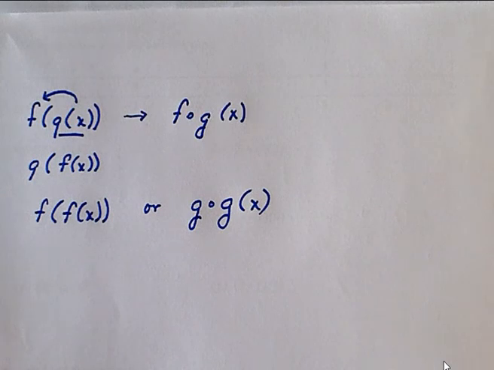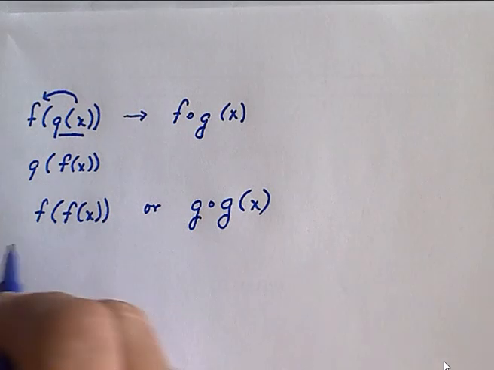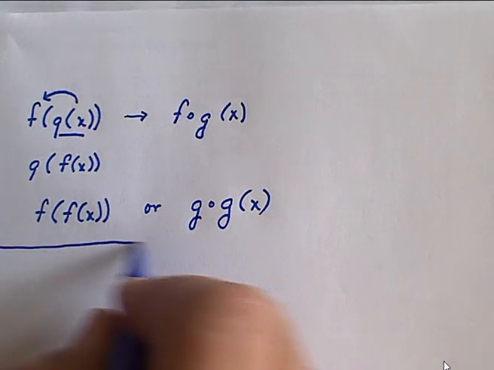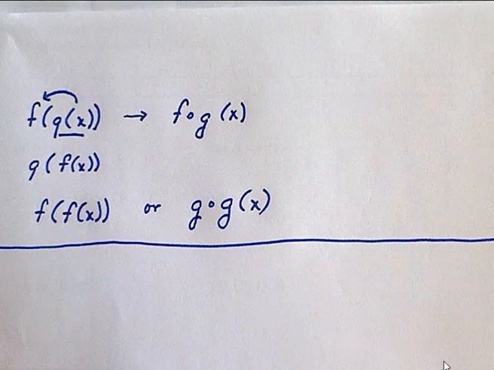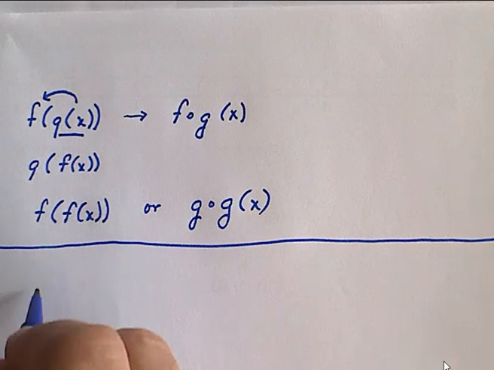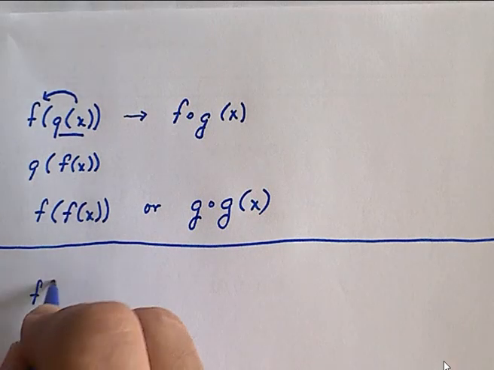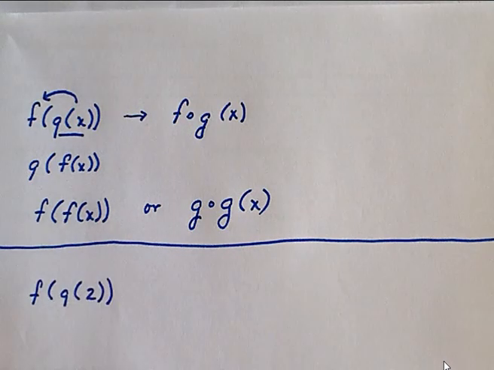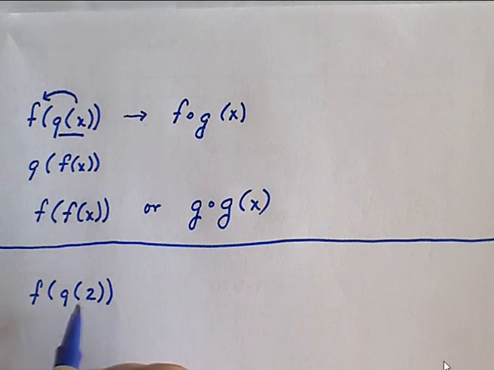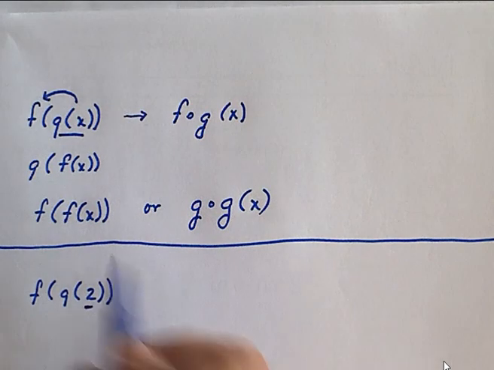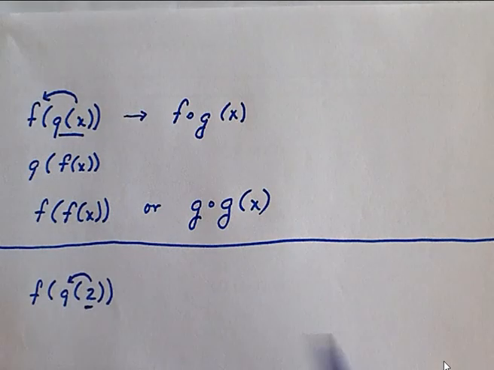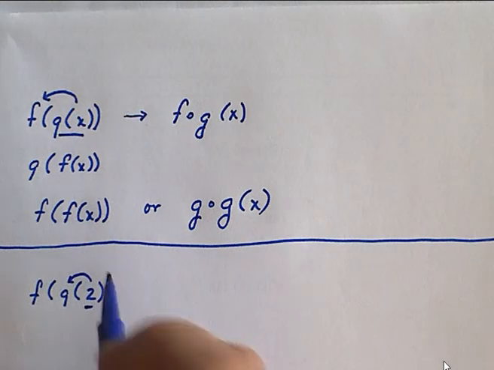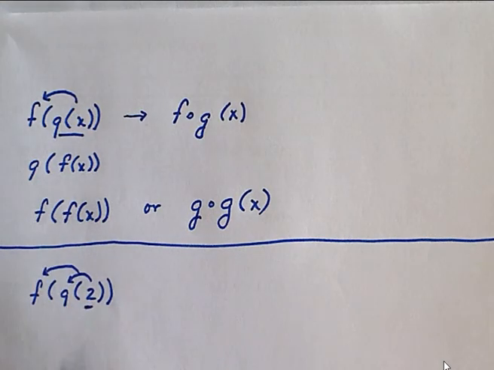Now, the other thing they're going to ask you to do on some of these exercises, and they're going to start off with that, is to do some evaluating. So when I take f of g of 2, for example, it says take the number 2, plug it into g, and then take that answer and plug it into f.